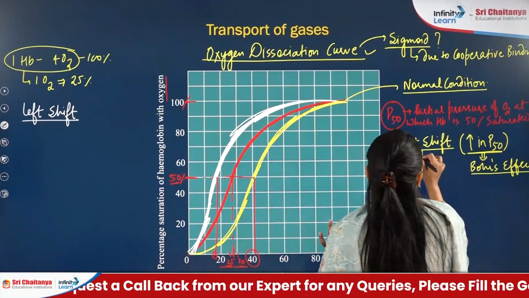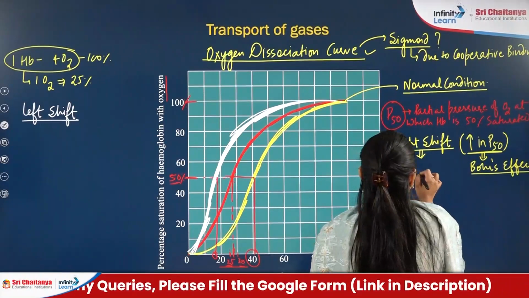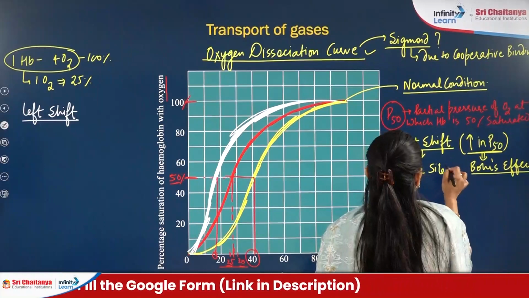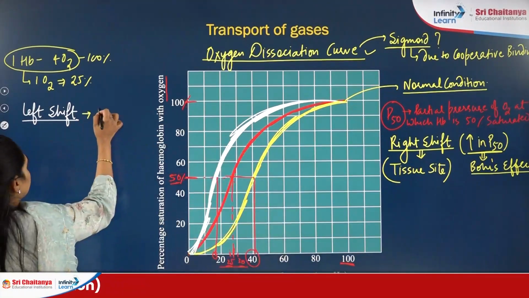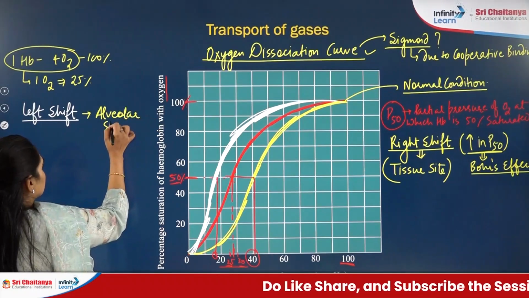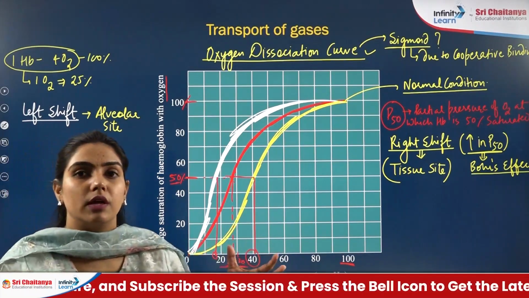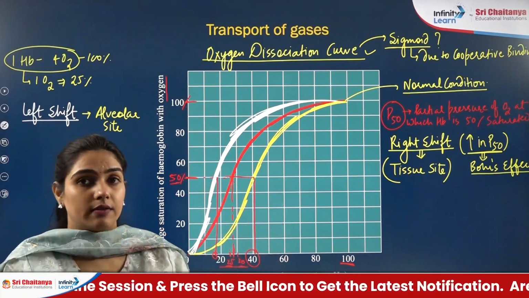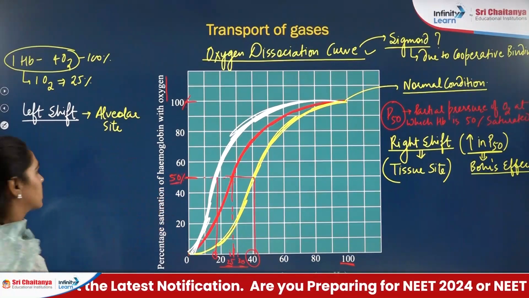The shift to the right is seen at the tissue site, whereas left shift will take place at the alveolar site. So now let us see the factors which are responsible for these shifts, right?